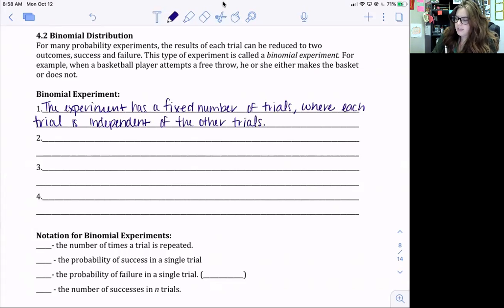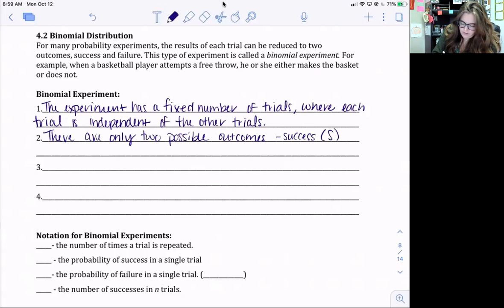The second one, there are only two possible outcomes, success and failure.